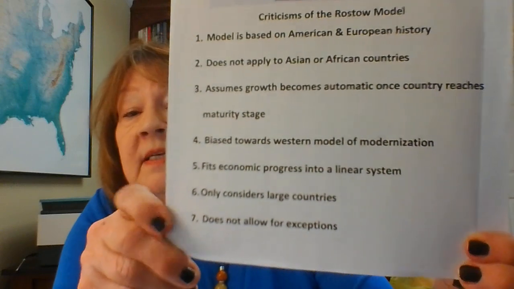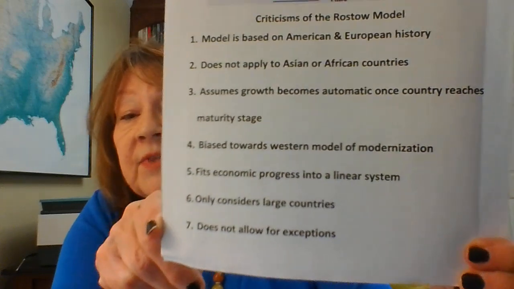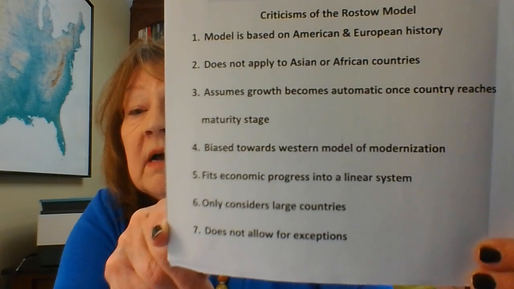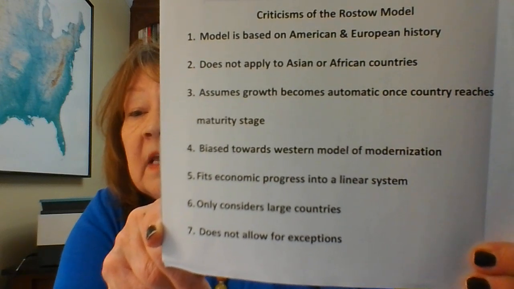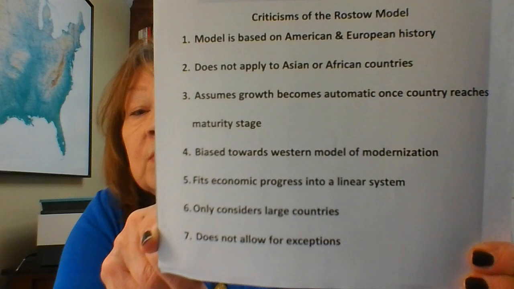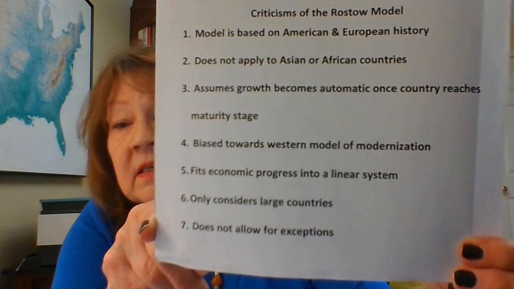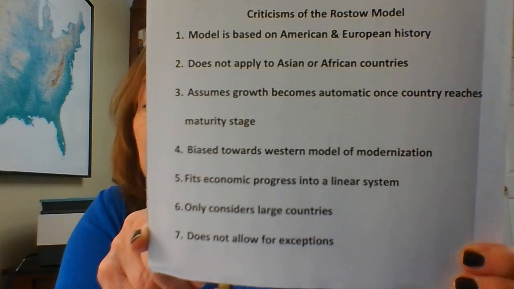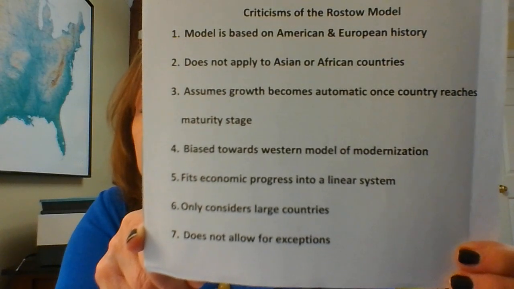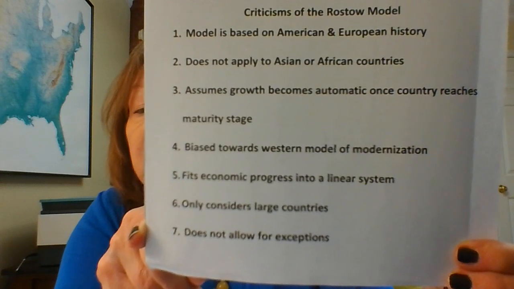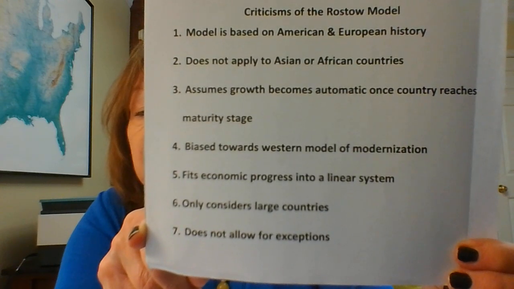Number four criticism is Rostow's thesis is biased towards the Western model of modernization. At the time of Rostow, the world's only mature economies were in the West, and no controlled or communist economies, command economies as we call them, were in the era of high mass consumption.